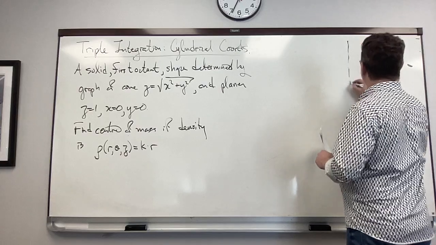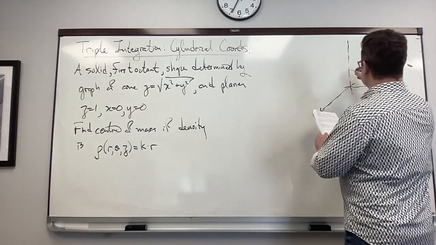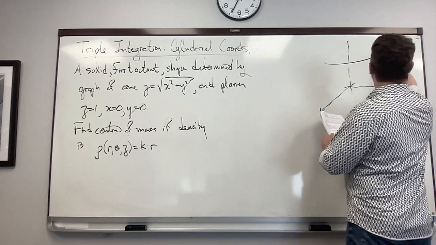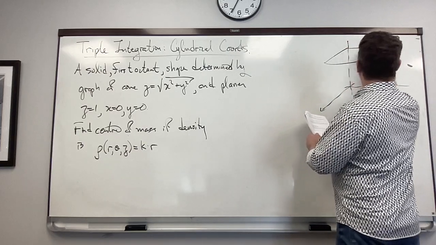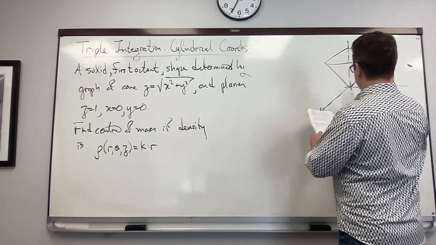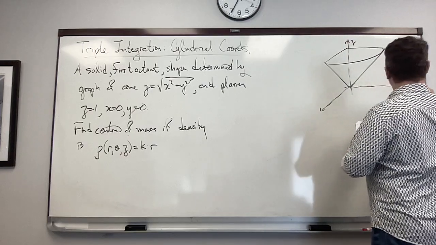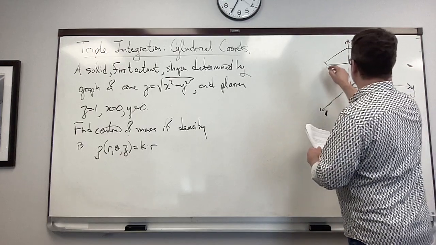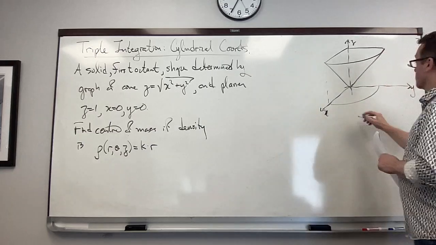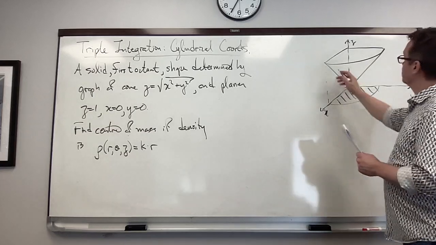So we've got z, and we've got this cone, right, which has a quarter circle shadow in the xy direction. So this is the cone.